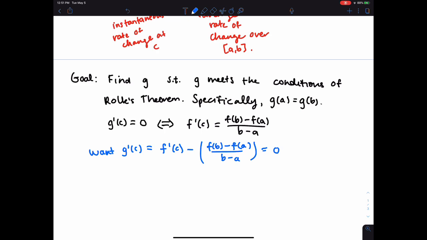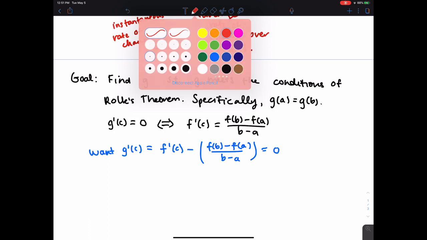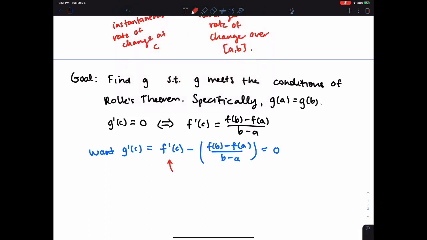And just looking at it and using our understanding of antiderivatives, we can probably come up with a good function that we want to test as a candidate for g. So we see that it's going to have to contain the derivative of f. So maybe g of x should be f of x. And then this other thing over here is a constant.